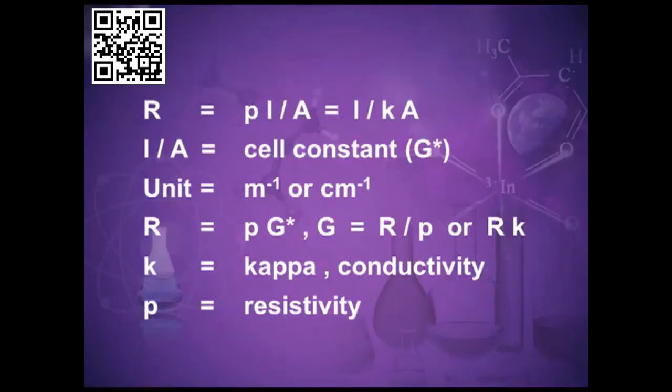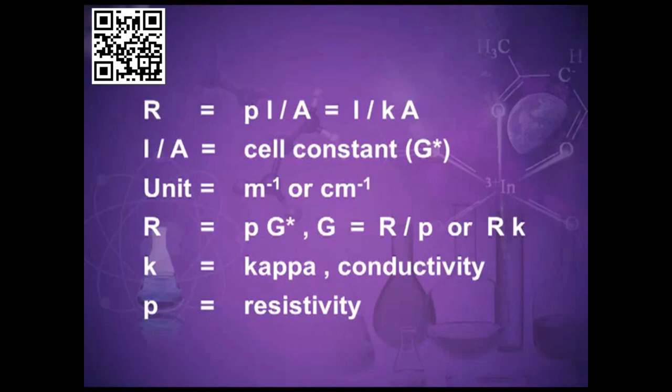So we can modify the formula R equals rho L by A, which can be written as R equals L by kappa A. This kappa is conductivity. L by A is the cell constant G star, or G asterisk.